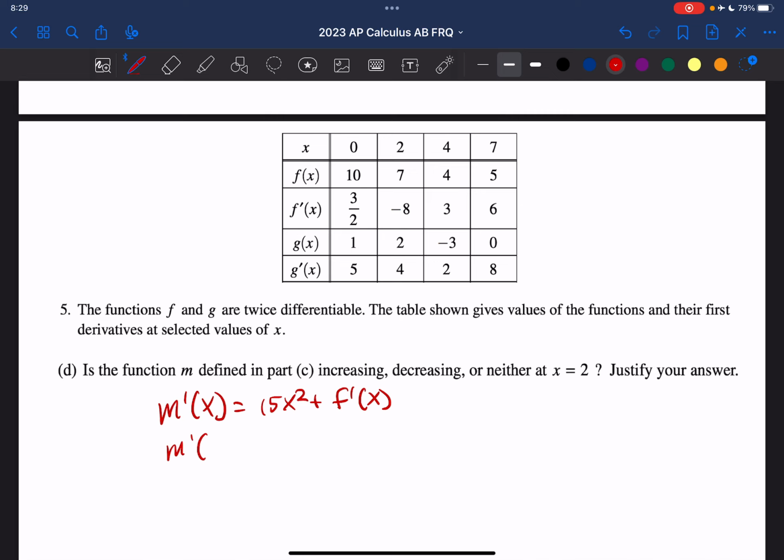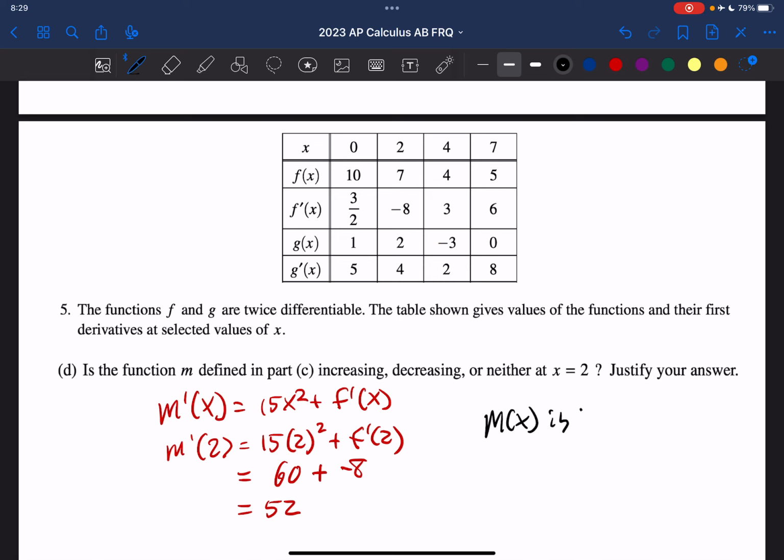So now we care about x equals 2, so we're going to plug in 2. So we get 60 plus f prime of 2, which is negative 8. So we get 52.